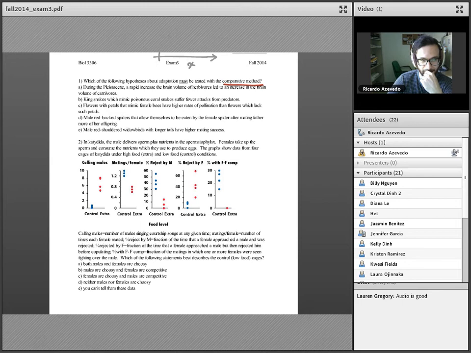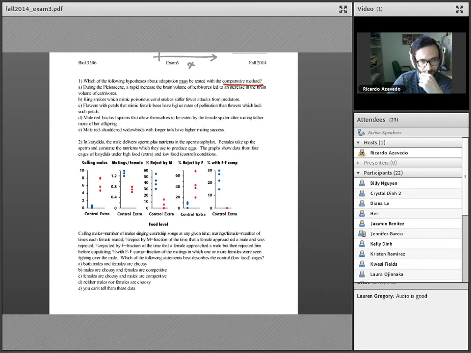This is calling males, the number of males singing courtship songs at any given time. Mating females, the number of times each female mated. Now rejected by male, the number of times females approached a male and were rejected. Rejected by F, which means rejected by female, with FM competition, so wherever you have female-female competition.